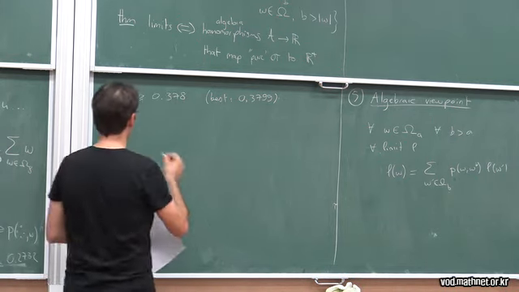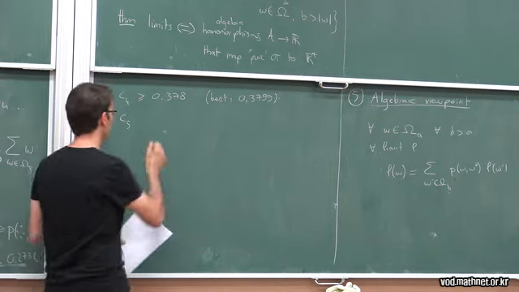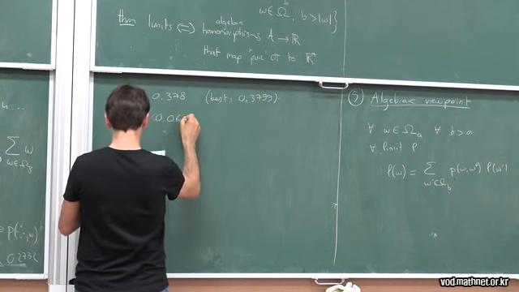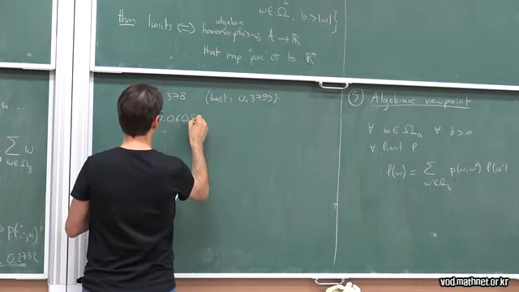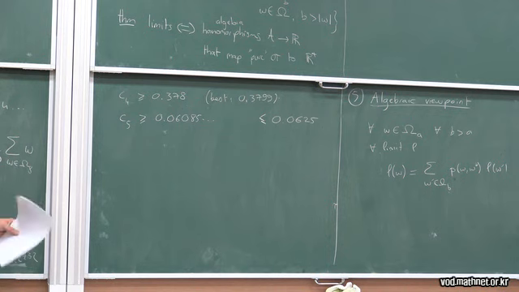Anyway, but you just press the button, you change the question, you press the button, and you get that C5 is at least 0.06085, blah, blah, blah. And there is an example that shows that it's at most 0.0625. Not too bad. Okay, you want C6?